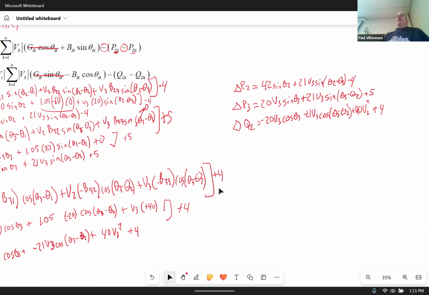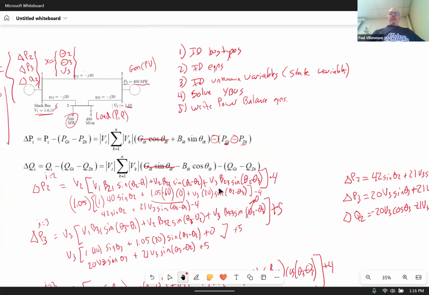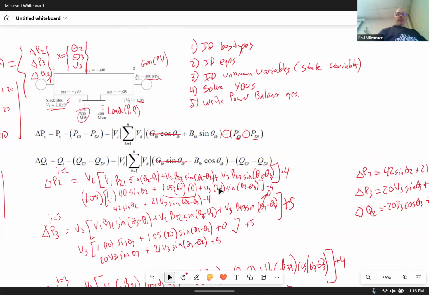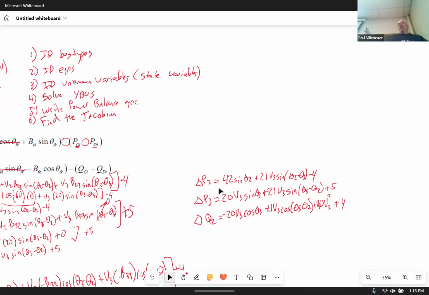Any questions on how I got those? Feel okay so far? All right, so we've got our power balance equations. Now, step 6 is find the Jacobian, right? And so the recommendation on the Jacobian is to identify rows and columns so you know which partials you have to take.